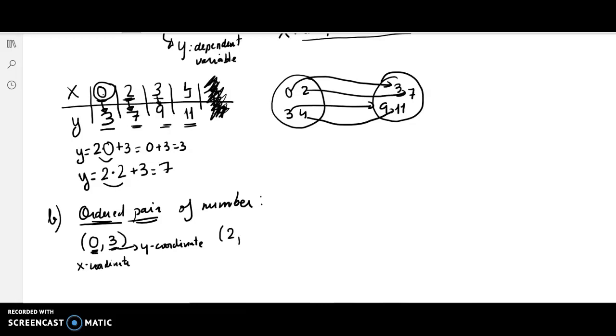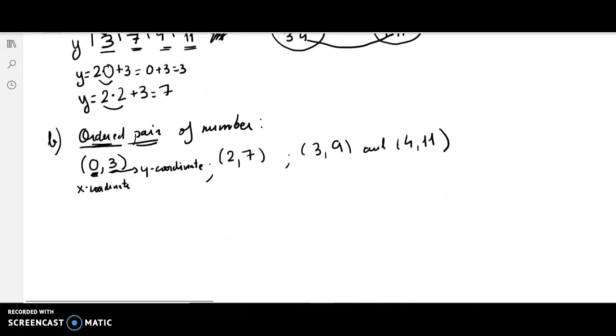The 0, 3, the 2, 7, the 3, 9, okay, different pairs of numbers, and the 4, 11. So this pair of numbers represent also a function. So finally, we are going to see the last way of seeing a function with a graph.